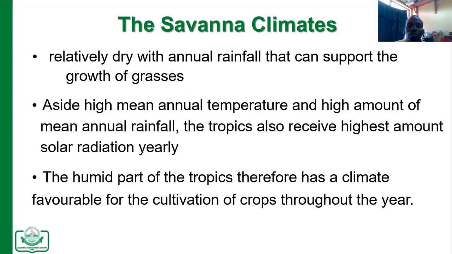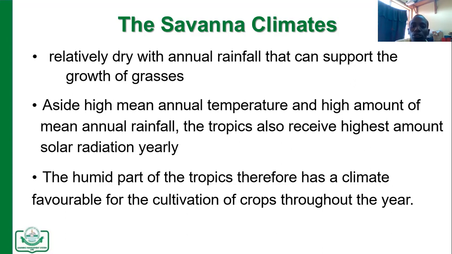Savanna means a grassland where few or no trees grow. Because of the low annual rainfall that is always received, it is relatively dry. Relatively dry means that compared to other tropical climates, it is drier than others. Then the rainfall supplied is only enough for the growth of grasses.